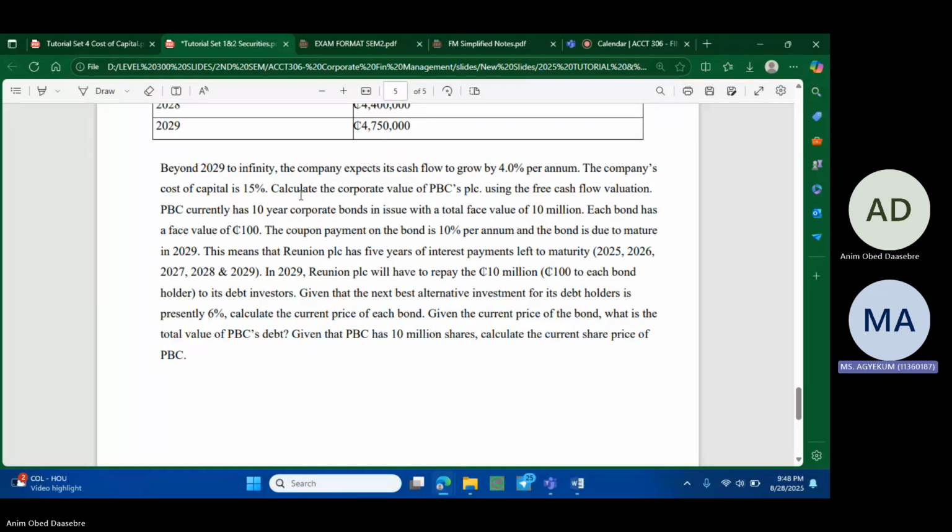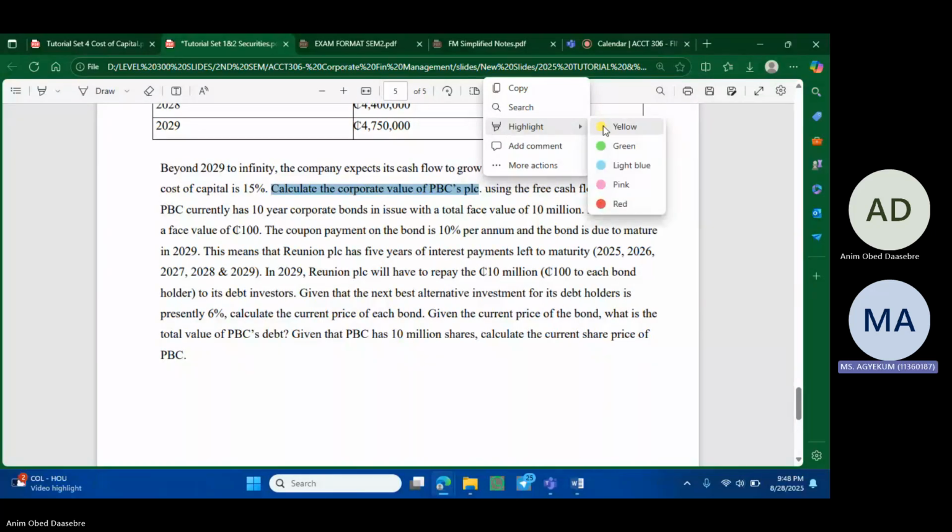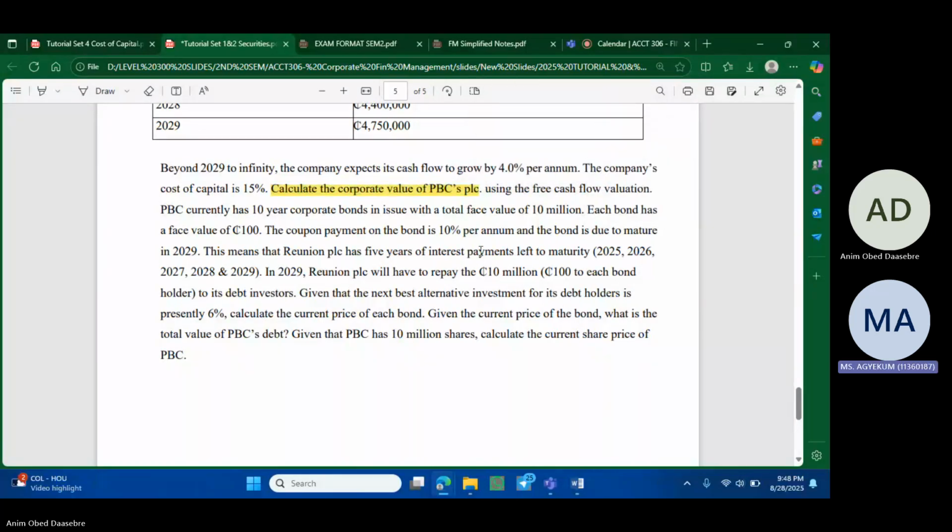In 2029, PBC PLC will have to repay the 100 cedis to each bondholder, given that the next best alternative investment of its debt holder is presently 6%.